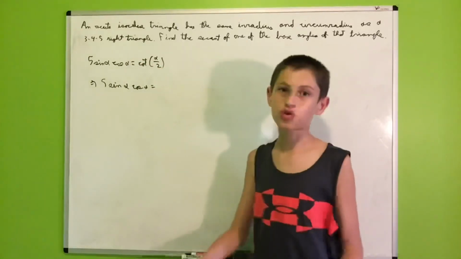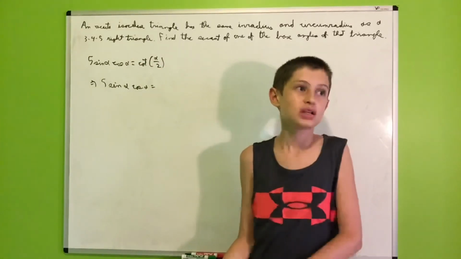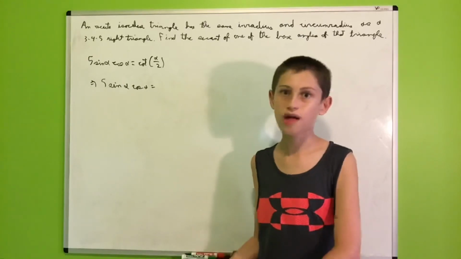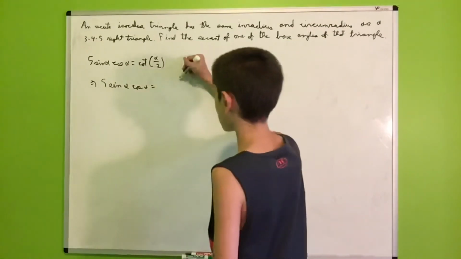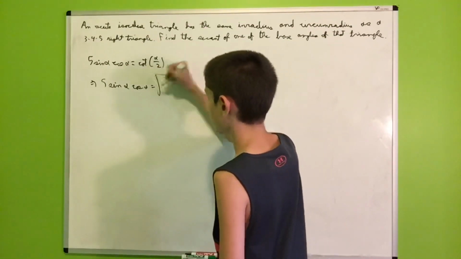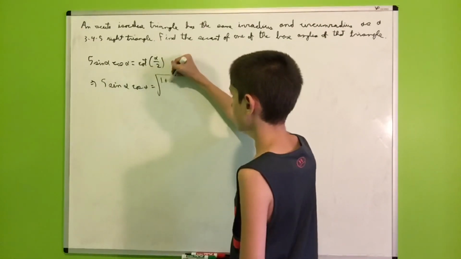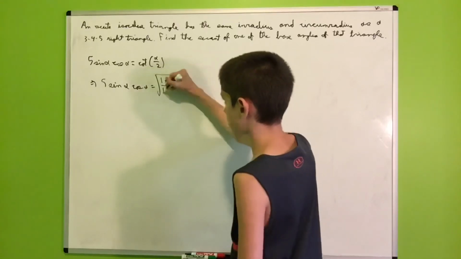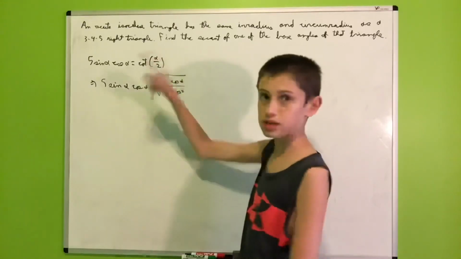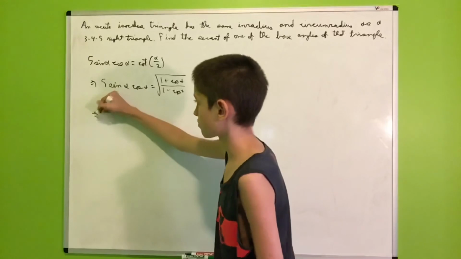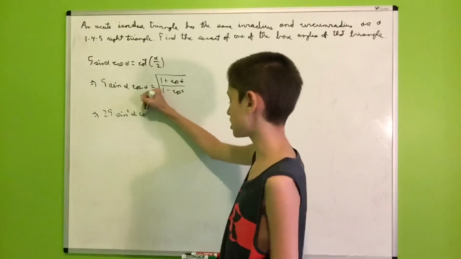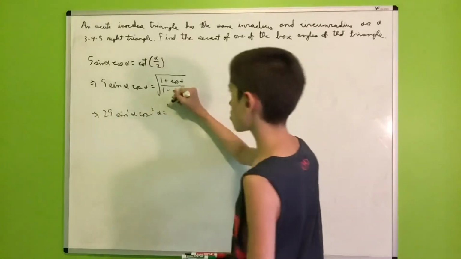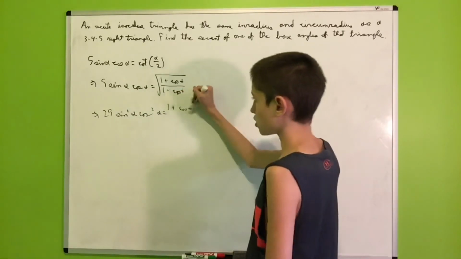We have written that cotangent squared of alpha over 2 is simply 1 plus cosine of alpha over 1 minus cosine of alpha. Taking the positive square root on both sides, we get that this is equal to the square root of 1 plus cosine alpha over 1 minus cosine alpha, which means squaring both sides, we get 25 sine squared alpha cosine squared alpha equals 1 plus cosine alpha over 1 minus cosine alpha.